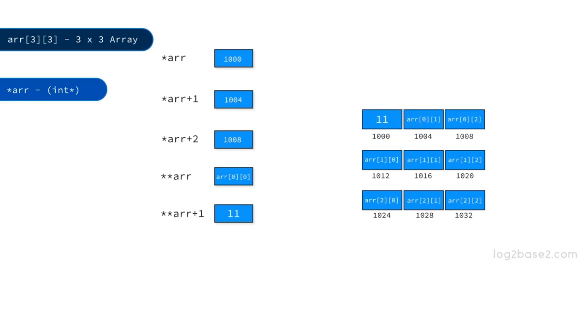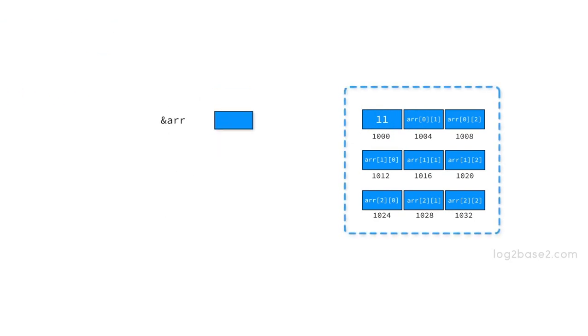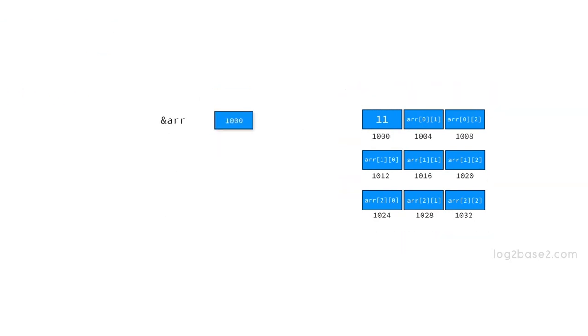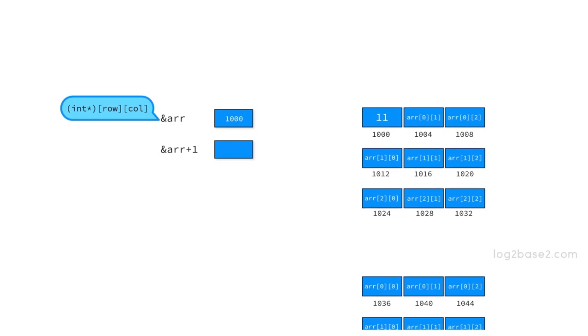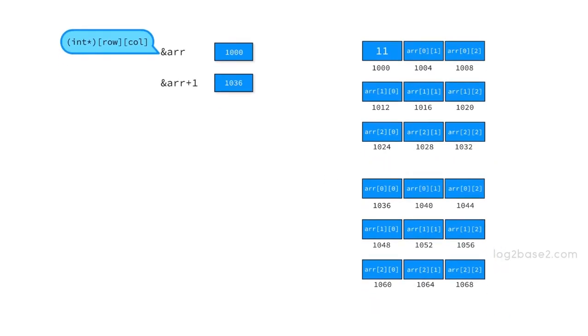Now, let us summarize the concept. Here, &ARR is a 2D array pointer, that is of type int (*)[row][column]. So, &ARR + 1 will point to the next two-dimensional block. Next, ARR is a 1D pointer, that is of type int (*)[column].